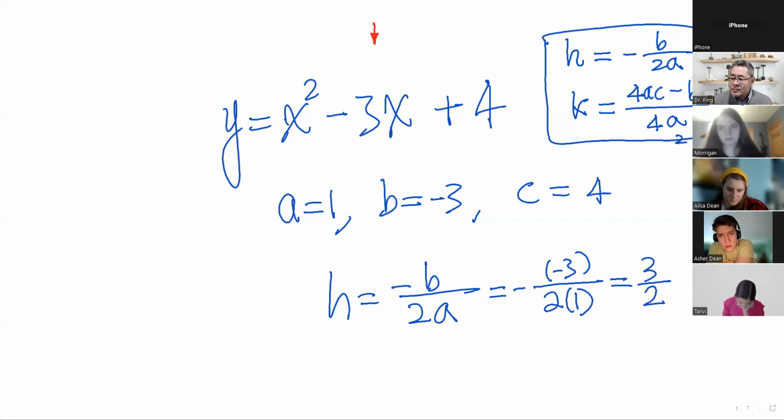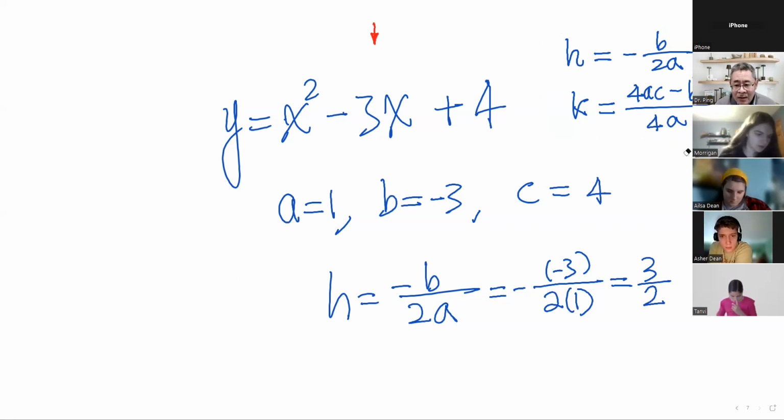So to find the K, it says 4 times AC minus B squared. So how do I write that out? Do I just multiply them all? 4AC, yeah, 4 times A times C. So A times C would be 4, and then 4 times AC would be 16, right?